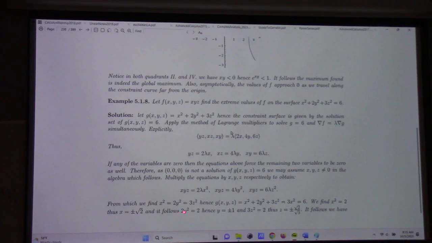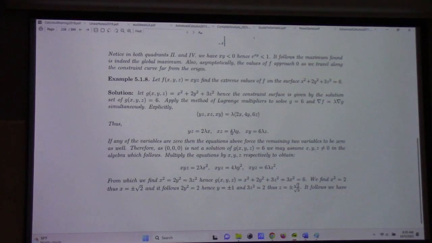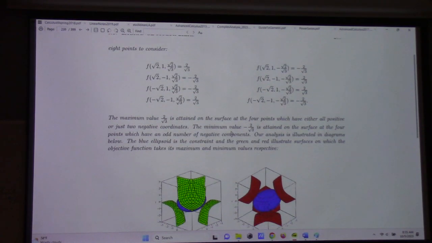And then I have to go back and solve the other ones, which gives me y is plus or minus root 1, and z is plus or minus root 2 over 3, working back in there. This problem we could work out carefully in class in about 15 minutes or so, okay? This one's not bad.